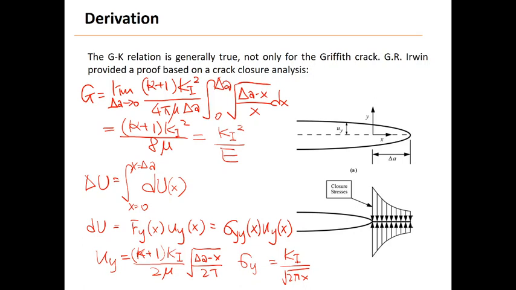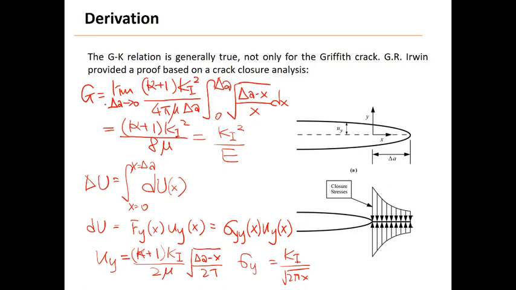So this is a more general derivation because it does not assume anything on the external boundary conditions. All the analysis we've done is locally around the crack tip. So this is a crack closure analysis.